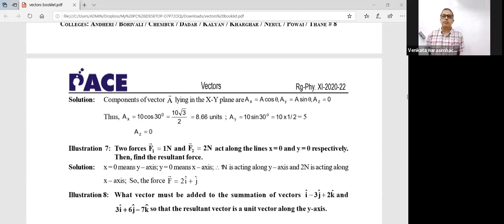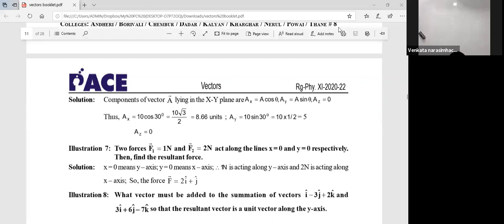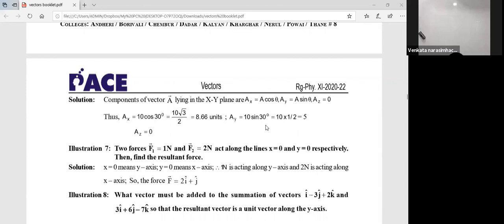Illustration number 8. Sir, should we tell the answer? No, wait.